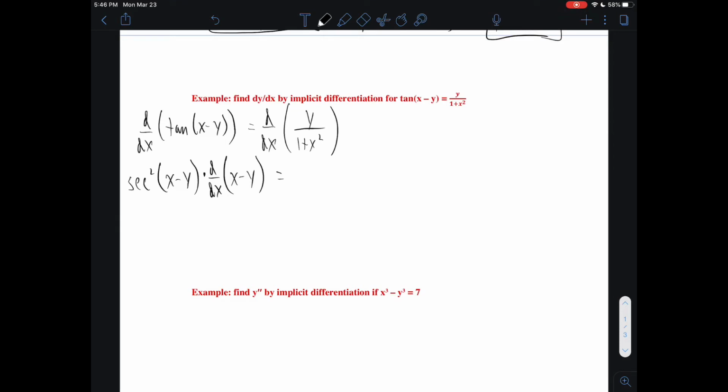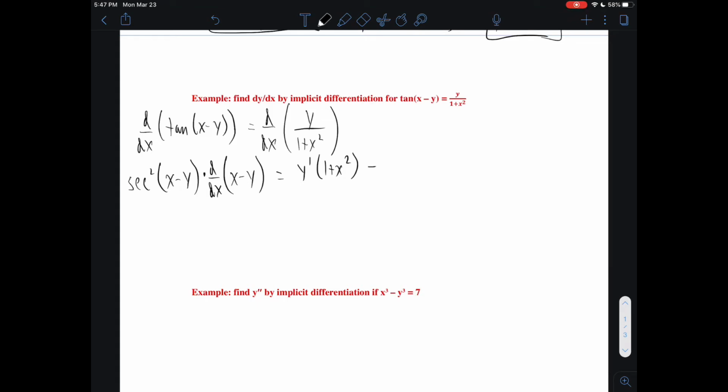On the right-hand side, we use the quotient rule, which means we need the derivative of the numerator first. And the derivative with respect to x of y, we've been writing as y prime. So I'll just do that now. And then we multiply that by the function that's in the denominator, 1 plus x squared. And then we subtract the derivative with respect to x of the denominator.